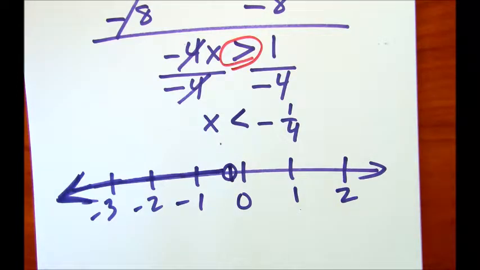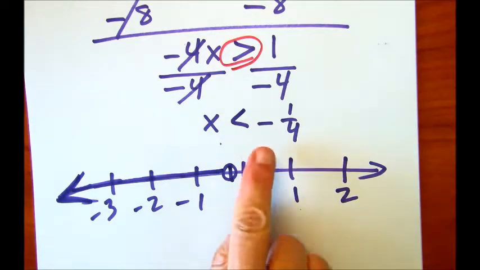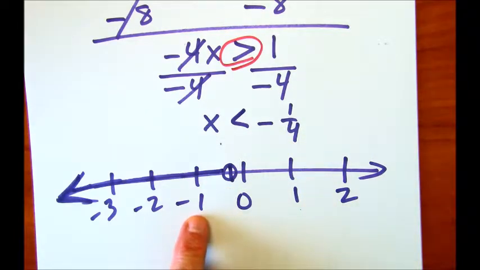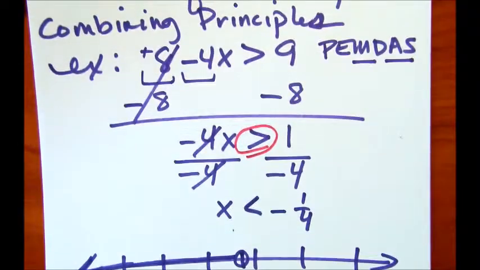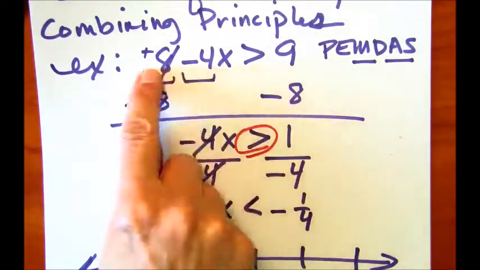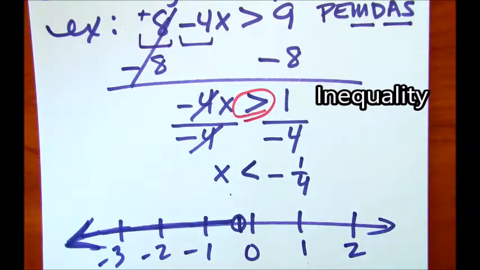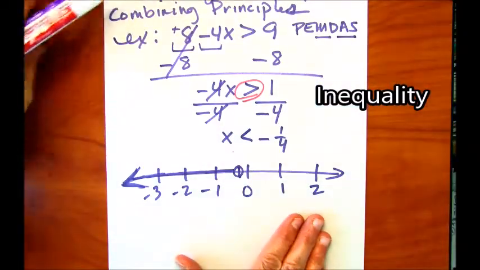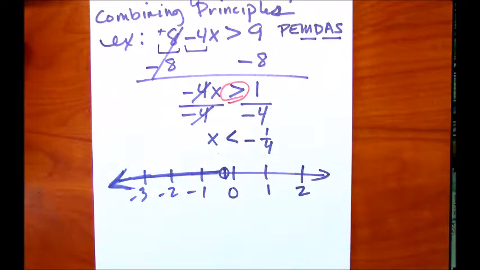All right, now what we're going to do is choose a number less than -1/4. I'm going to pick an easy one, -1, and plug it into the original inequality here. So let me zoom out a little bit so we can see everything.